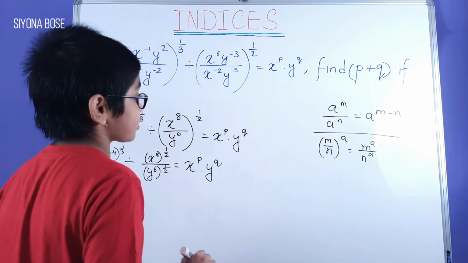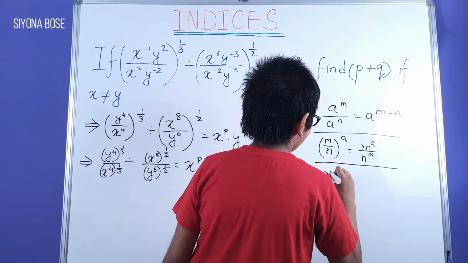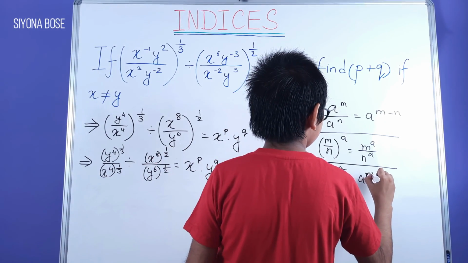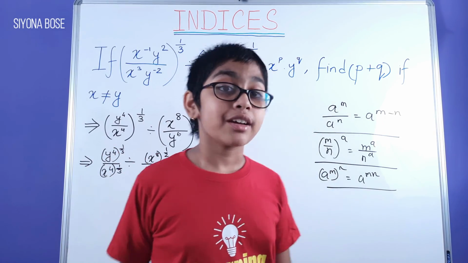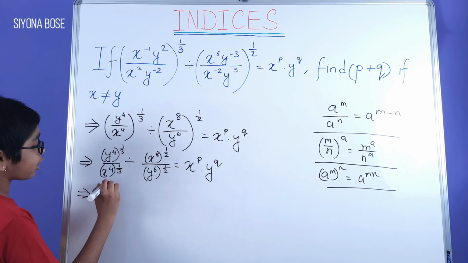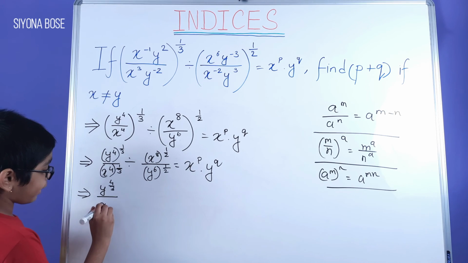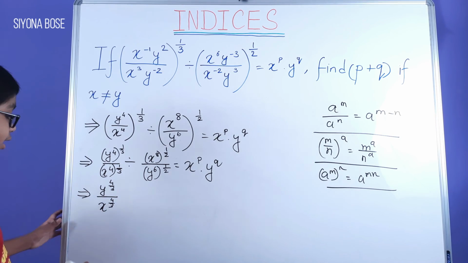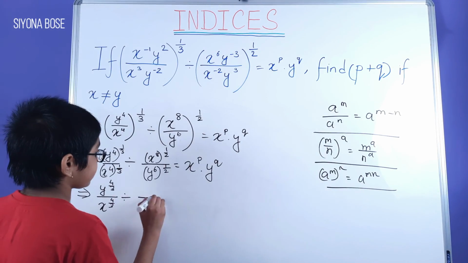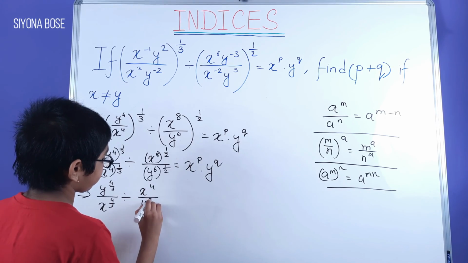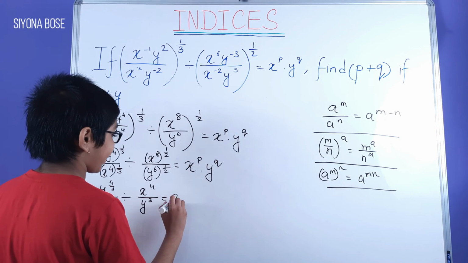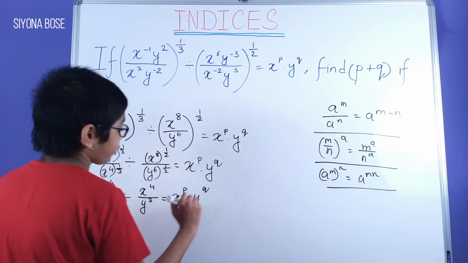Again, we know that a to the power of m whole to the power of n is equal to a to the power of mn. Keeping that in mind, we get y to the power of 4 by 3 by x to the power of 4 by 3, divided by, 8 by 2 is 4, so x to the power of 4 by y to the power of 3, because 6 by 2 is 6 and a half is 3, equal to x to the power of p into y to the power of q.